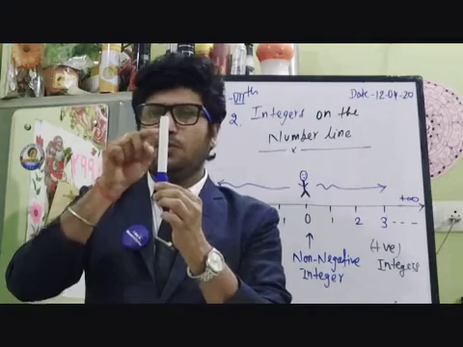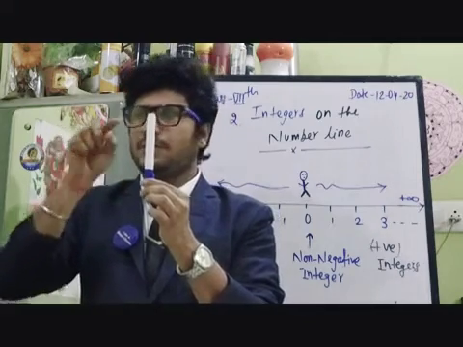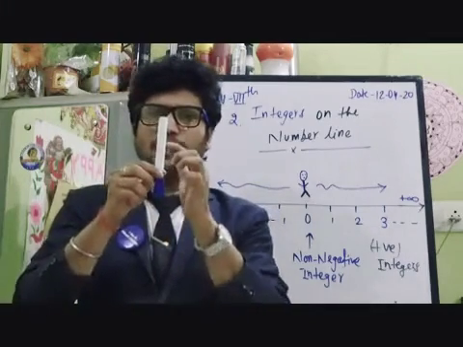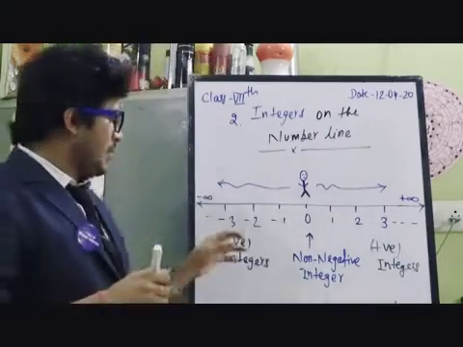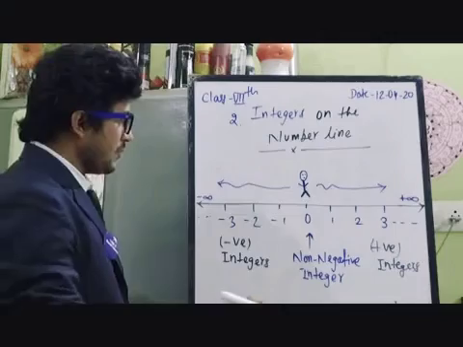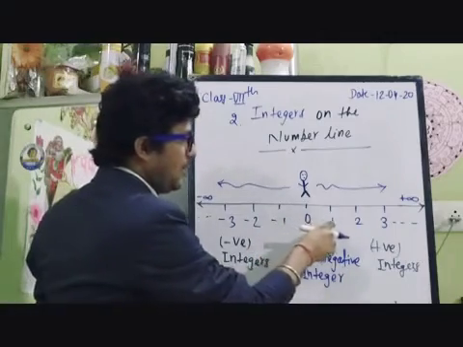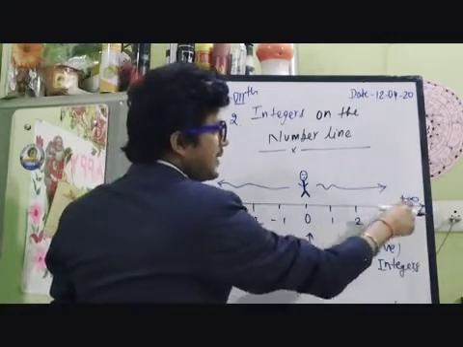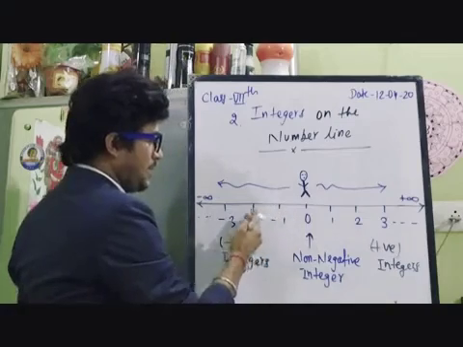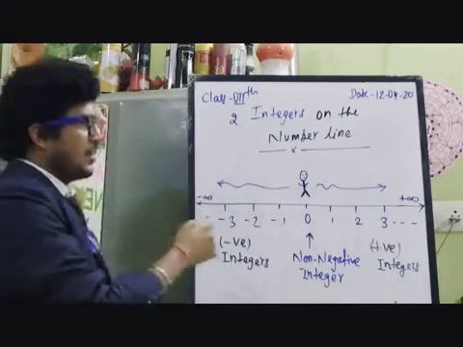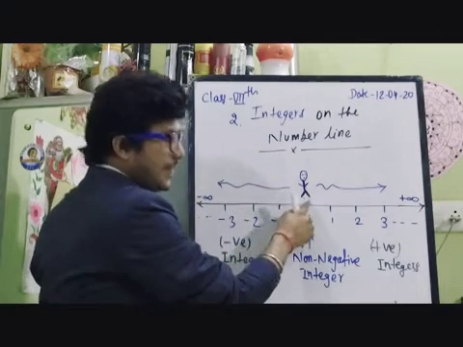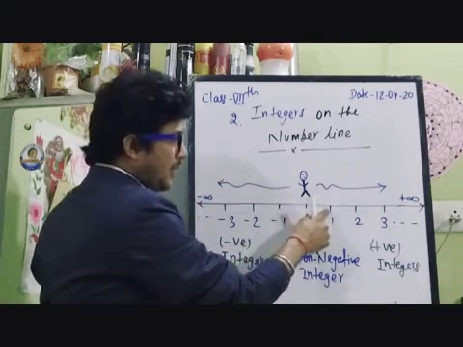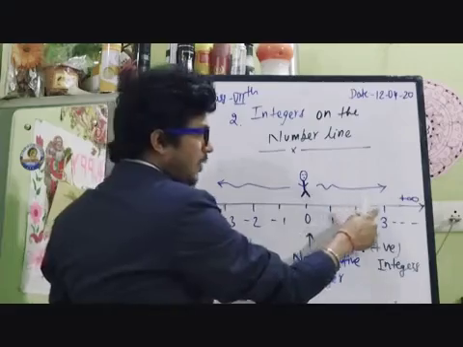If you walk from 0 to the right, those are positive numbers. If you walk to the left side, those are negative numbers. See what I have written here: 0, 1, 2, 3, up to positive infinity. Here -1, -2, -3, up to -infinity. Suppose you are at 0 and start a journey: 1 kilometer, 2 kilometers, 3 kilometers, like this.